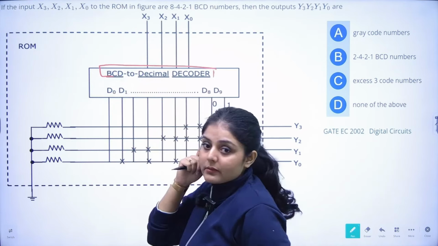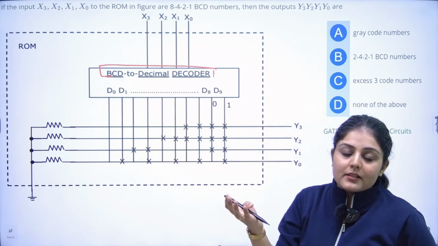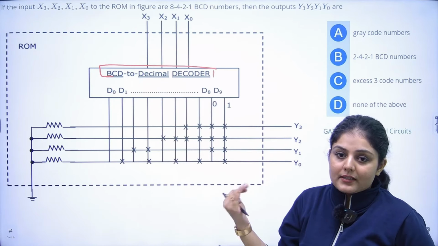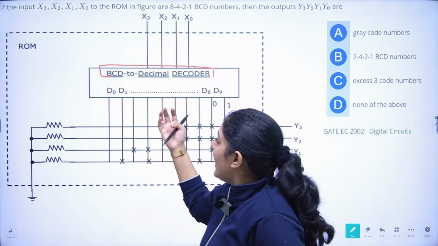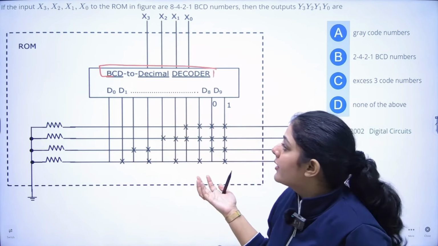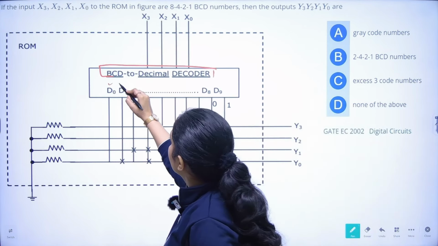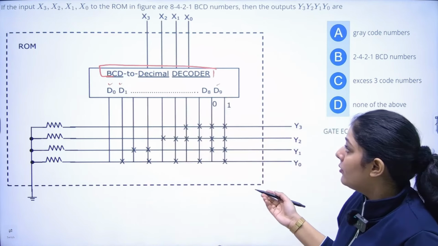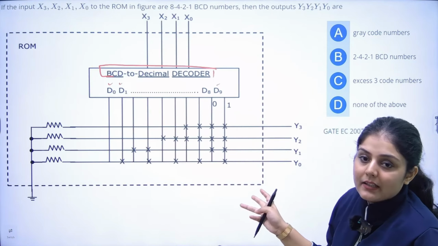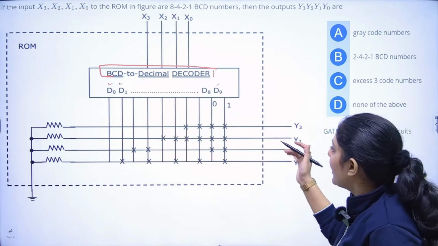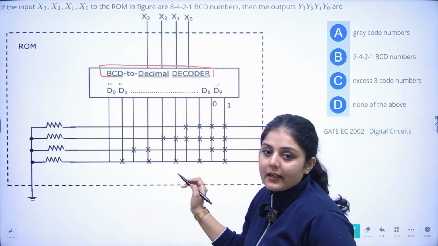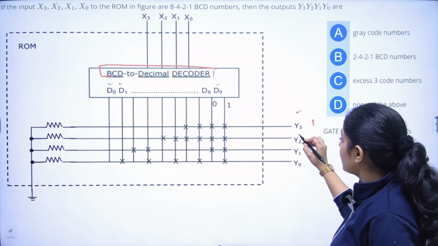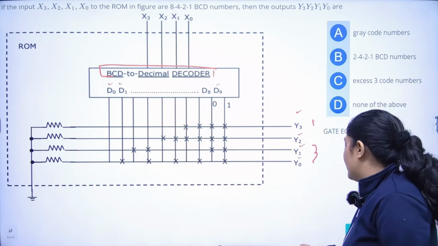BCD is binary coded decimal, right? So we have the BCD to decimal decoder, with outputs denoted D1 up to D9, and they are connected to the ROM like this. So they are asking that if we have connectivity like this, what will be the output Y3, Y2, Y1 and Y0?